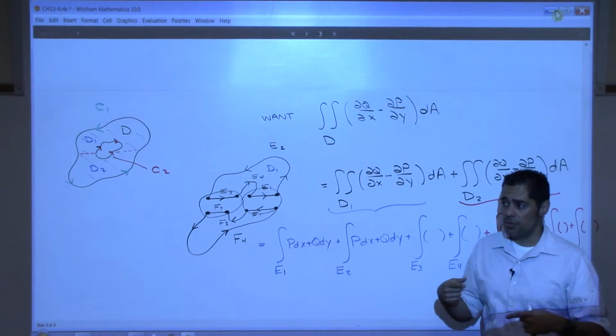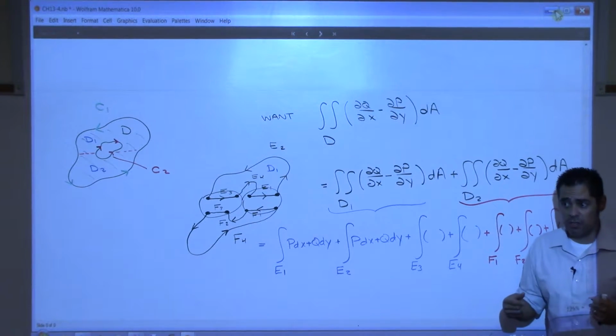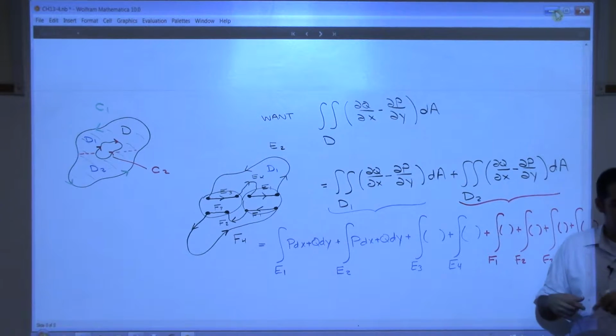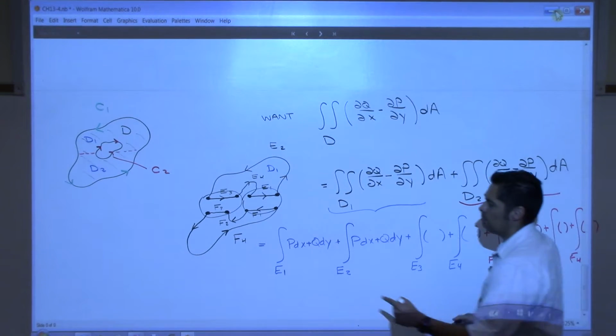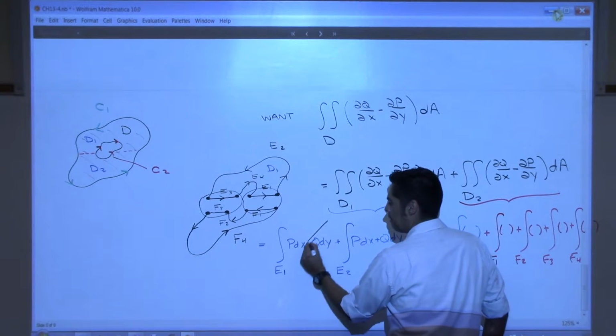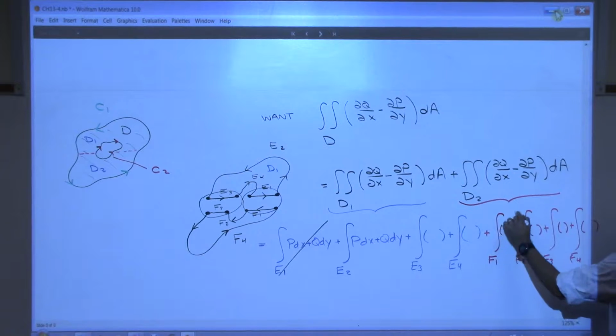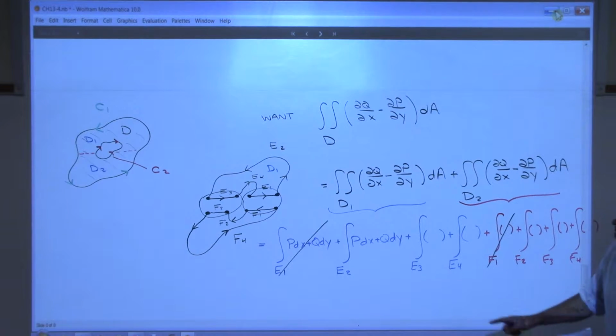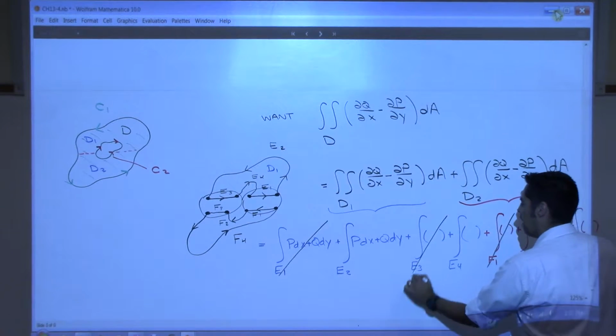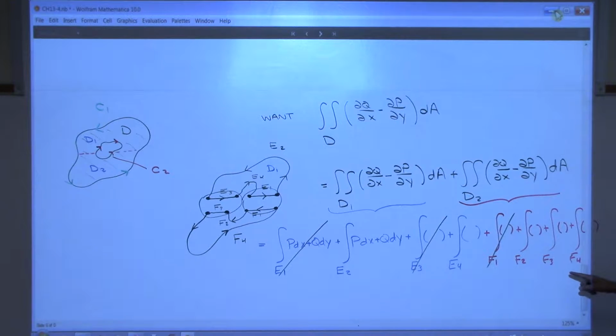In line integrals, if you change the direction, you get the same answer but negative. So this integral right here over this path should cancel out with the one over F1. And E3 should cancel out with what? F3.